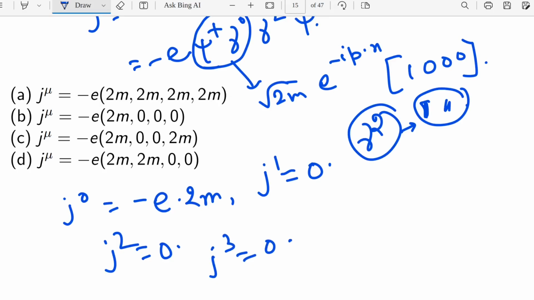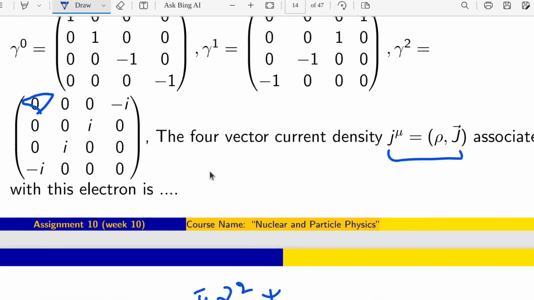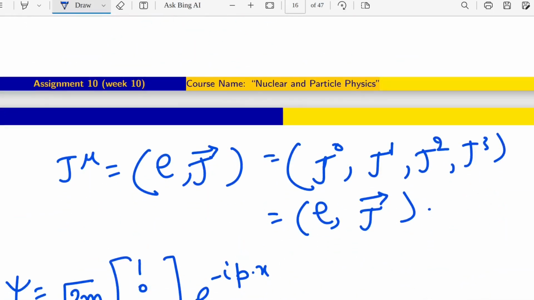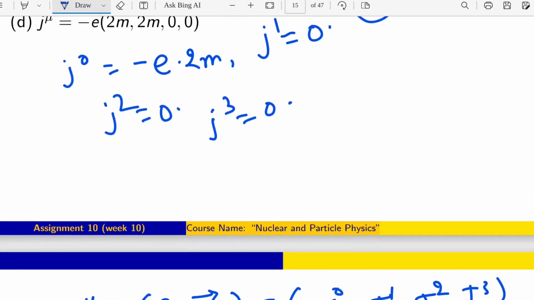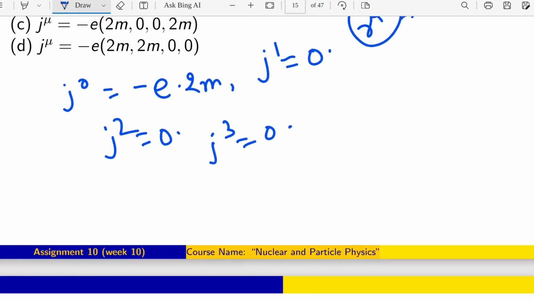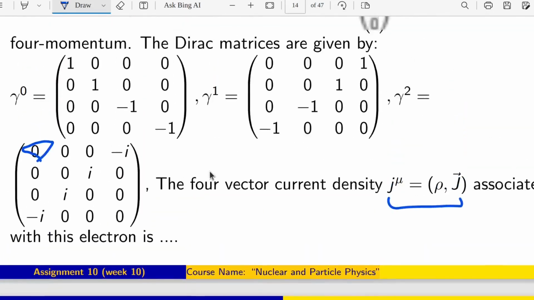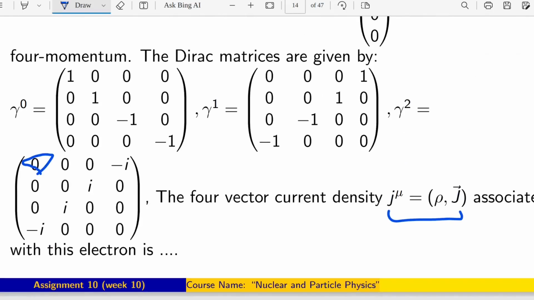Okay, so now what we will write here, the J3. How can J3 come as 0? Gamma 3 should also be there, it is not mentioned here.